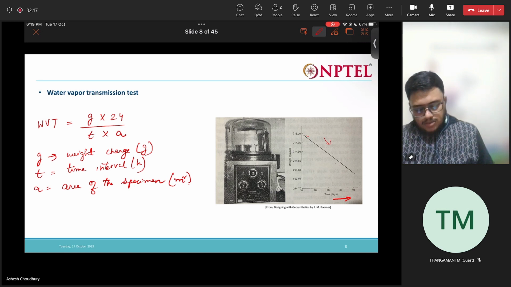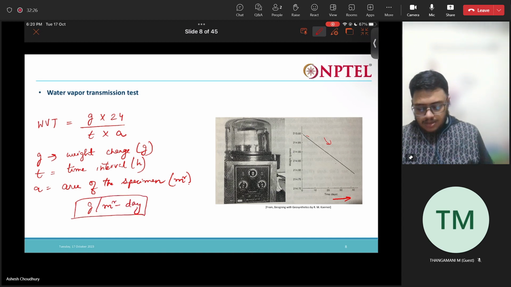So the unit is generally gram per meter square per day. This is the basic.